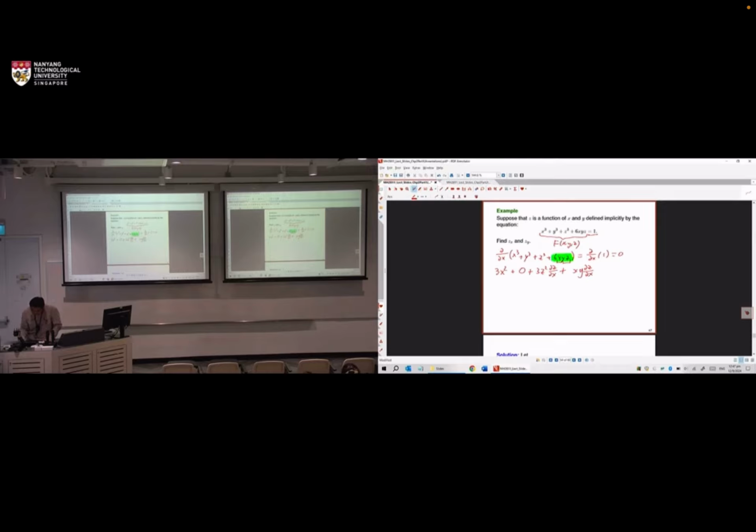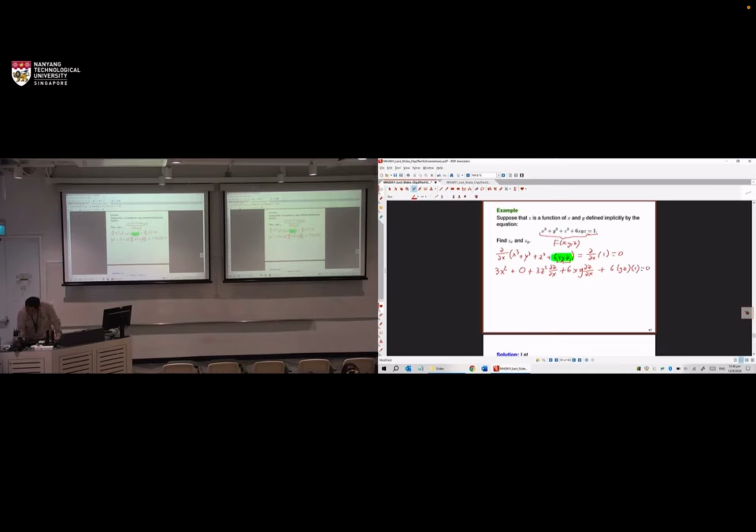Don't forget the 6 that is always there. Then you plus another 6, and you copy down the second term of the product rule, so you get yz. And then you differentiate the other term, x with respect to x, you get 1.